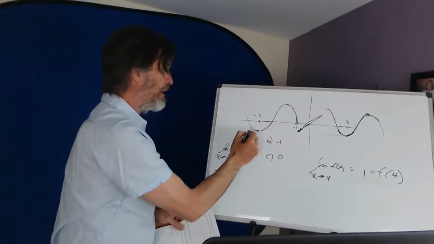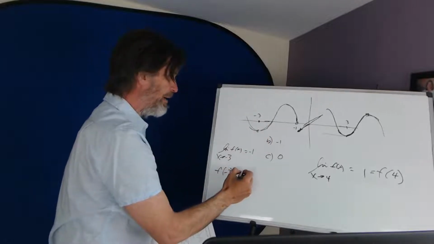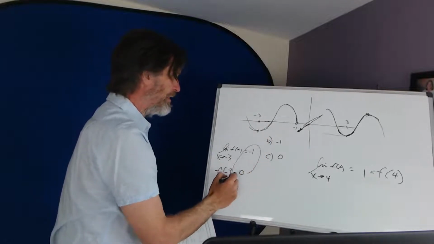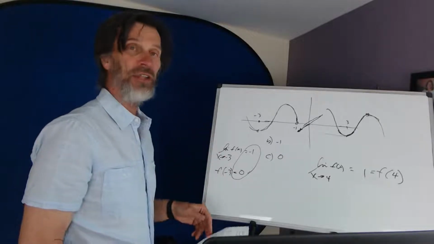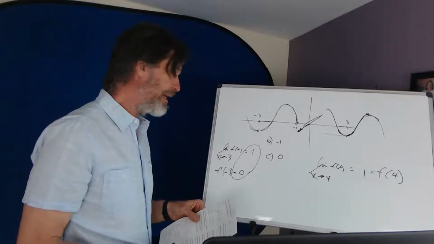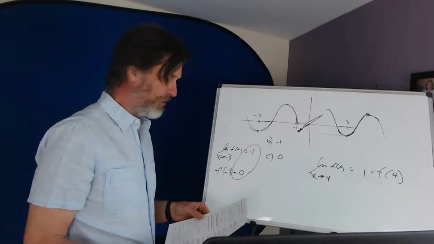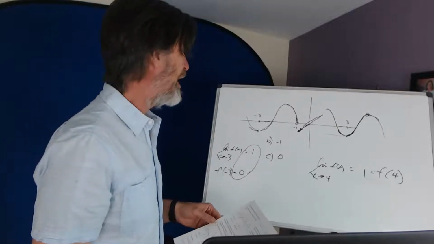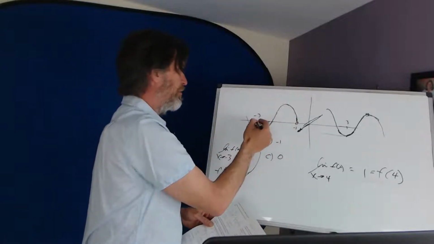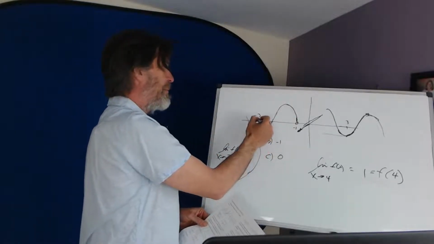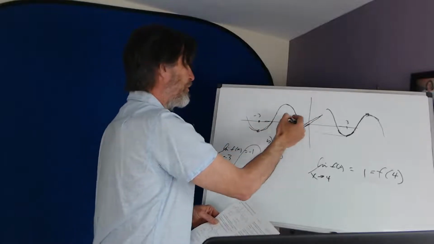F of -3, however, that's that point right there, that's equal to 0. And since those two things disagree, since the limit is not equal to the f value at -3, that would not be continuous. So this function has a bunch of discontinuities. Discontinuities are places where, if you're going to draw the graph left to right or right to left, you'd have to stop, pick up your pen, before you moved on.